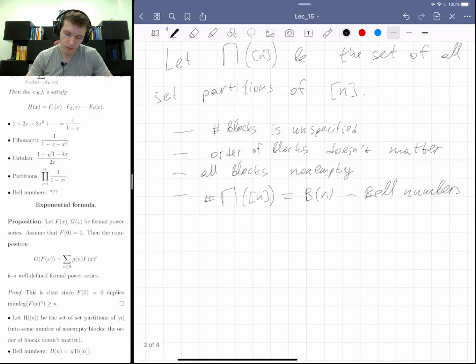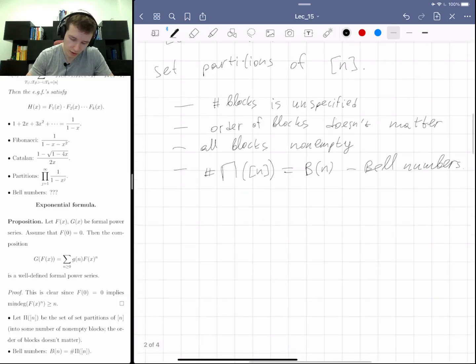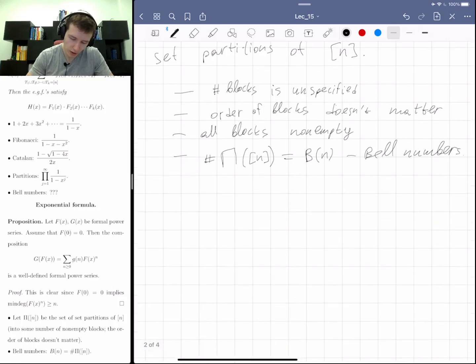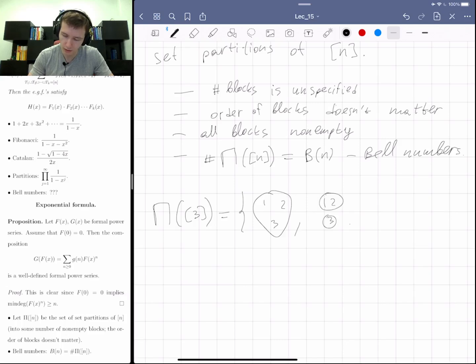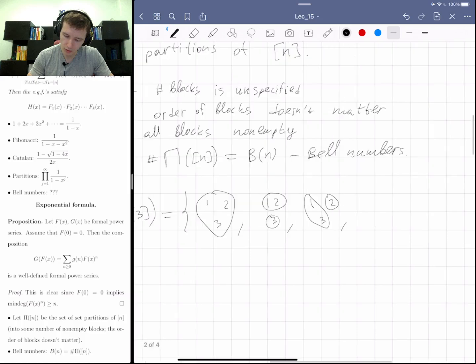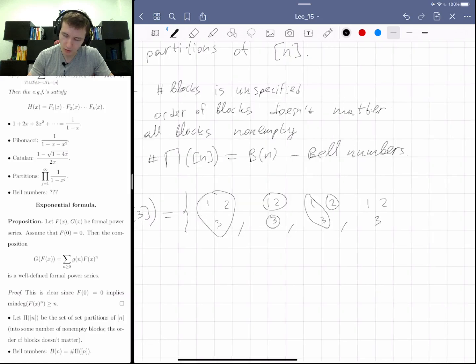So yeah, maybe I should try an example. Let's take Pi of bracket 3, so I have to subdivide 1 to 3 into blocks: 1, 2, 3. I could either make the whole thing one block, or I can make 1, 2 into a block and 3 into a block, or 1, 3 and 2, or 2, 3 and 1, or there could be all singleton blocks.